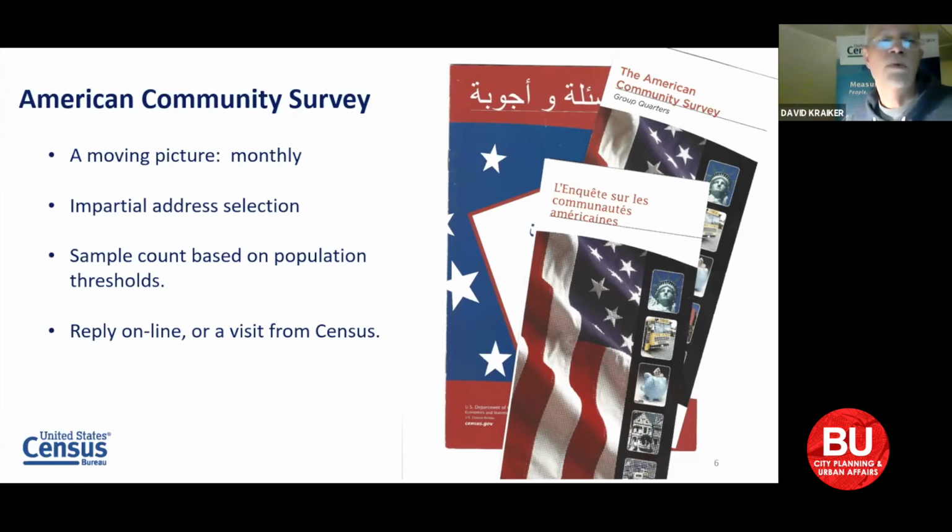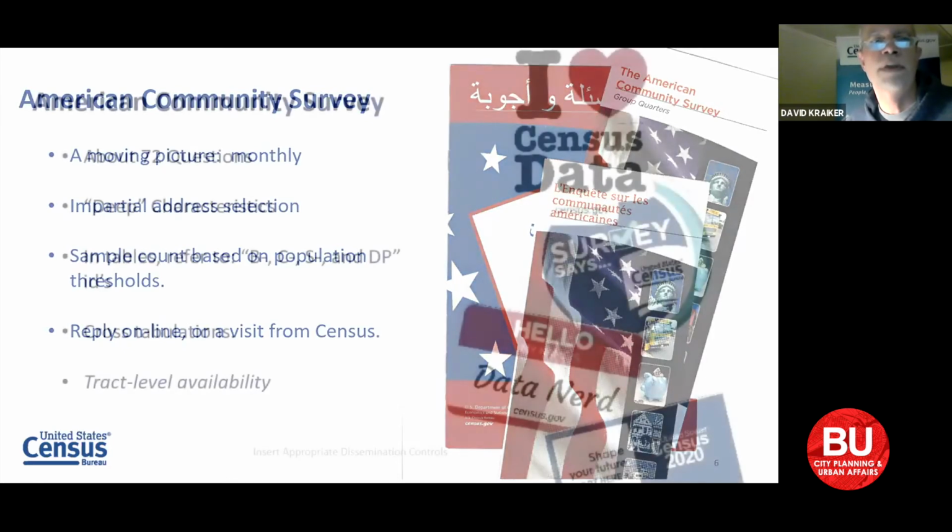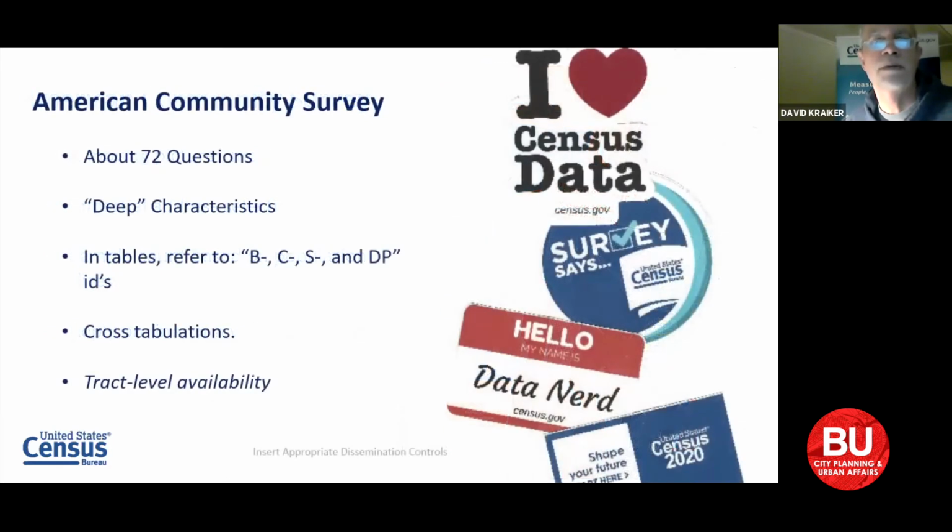And so we have to do most of those interviews, but not all the interviews. Also, people may reply online, or they may reply on a paper form. And if they don't do one of those, the following month, we will send somebody to their home to try to interview them. And so we have more time with this survey than we did with that decennial census.